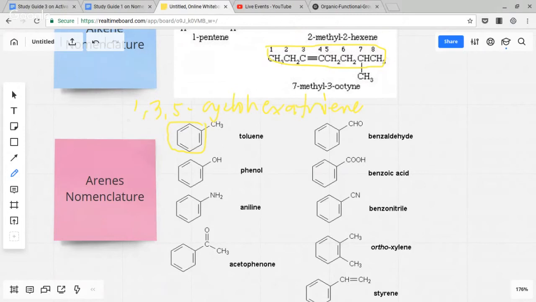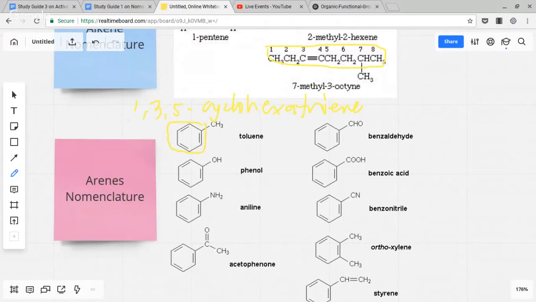When you are to number your cyclic structure, if you have a double bond, that means you need to number it to generate the lowest sum of the location of your double bond. Okay? So the priority is the double bond if you got a double bond. So, if diene, if you have to choose between the two double bonds where you have a branch, the other one doesn't have a branch, then you start where there is a branch.